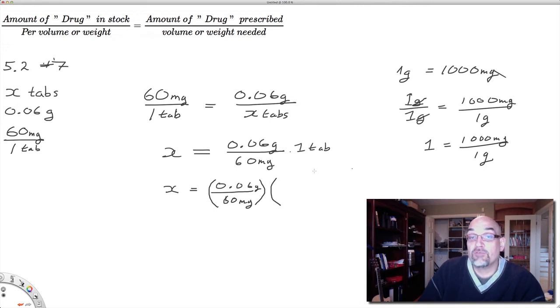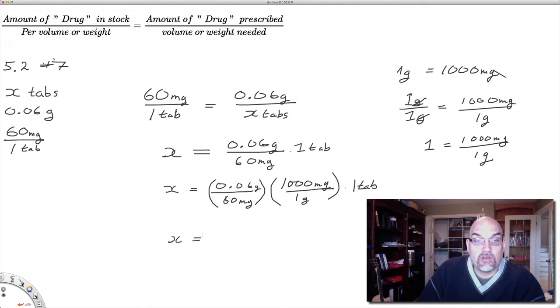I'm going to put in my conversion factor here, which is 1,000 milligrams divided by 1 gram, and then times 1 tablet.